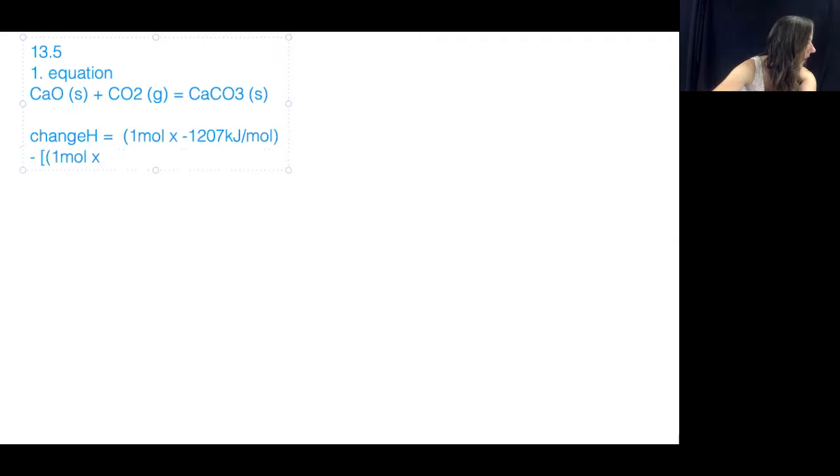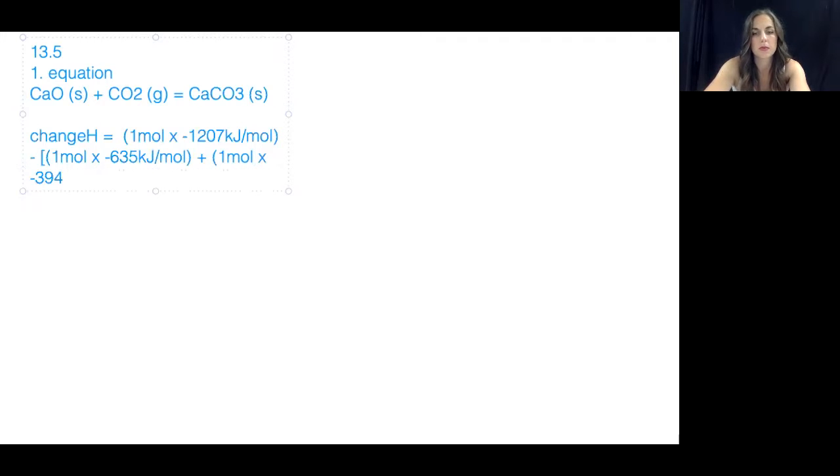And it looks like -635 plus my other reactant, which is CO2 gas. That's -394, and there's 1 mole of those. I'm gonna close the bracket.